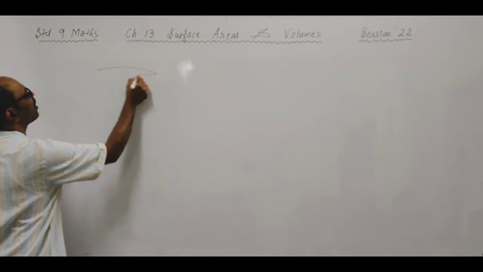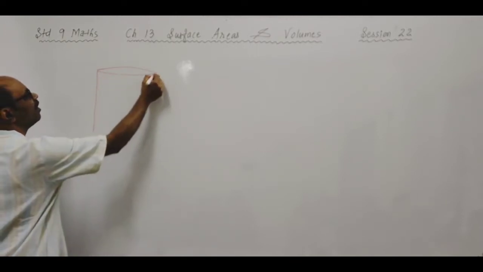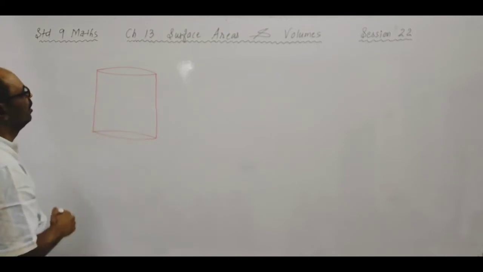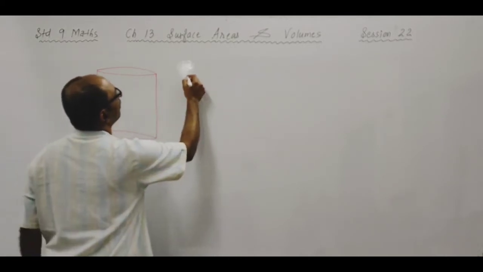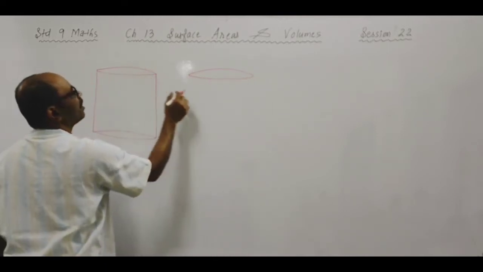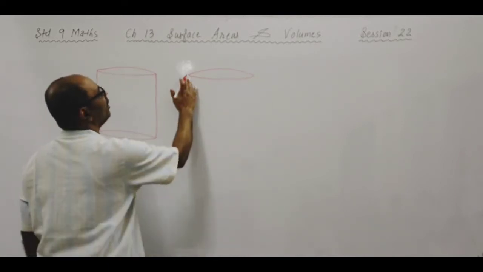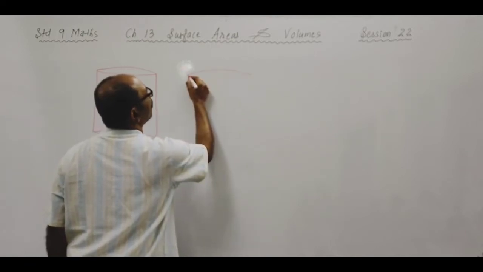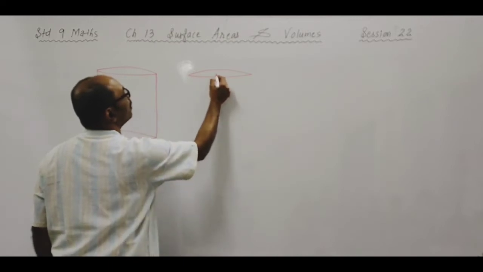What is this, children? Cylinder. That is cylinder. I hope the sizes are same. It will be very difficult for me to draw that of similar size.